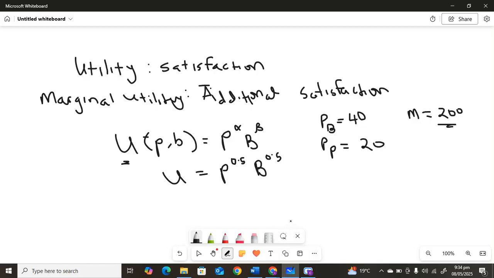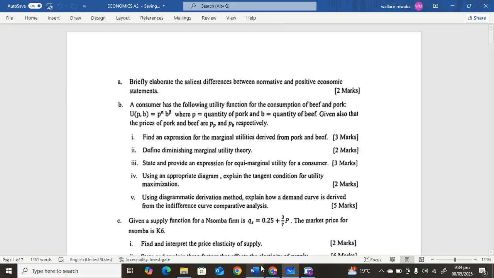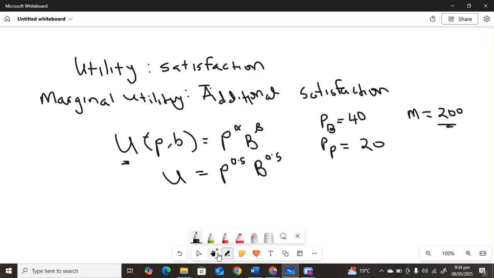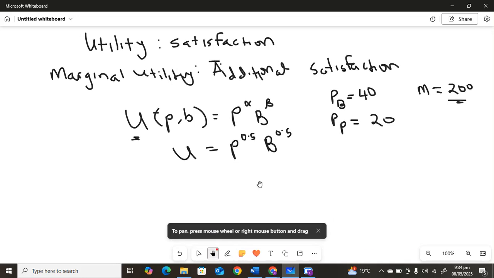Okay, so the first part of this question says, find an expression for the marginal utilities derived from pork and beef. Basically, to get the marginal utilities, we need to differentiate this utility function. So colleagues, remember the calculus we were doing? The calculus is back here.